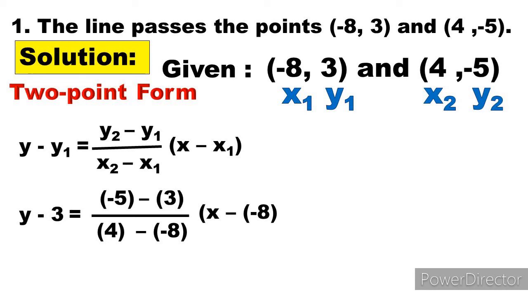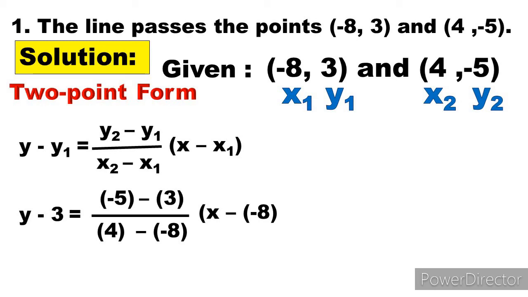So, we write negative 5 minus ang y sub 1 natin ay 3. So, we have negative 5 minus 3 all over ang x sub 2 natin is 4 minus ang x sub 1 is negative 8. Okay, times the quantity of x minus x sub 1. So again, i-rewrite natin yung x minus ang x sub 1 natin ay negative 8.